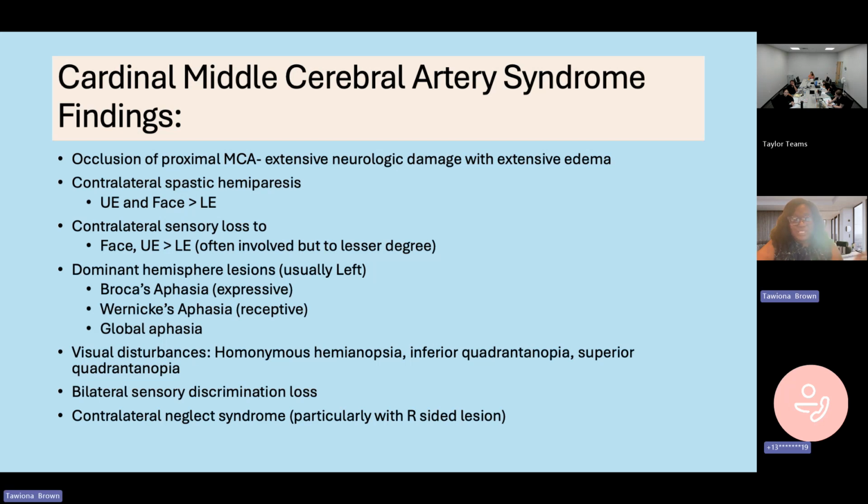So it's expressive aphasia. Now with Wernicke's, they cannot comprehend, they cannot receive information and have it make sense. So since they can't receive the information and have it make sense, I call that a receptive aphasia. That's your warning key.